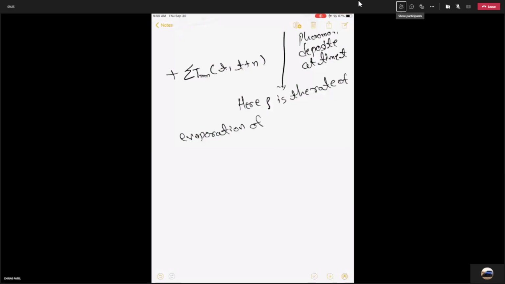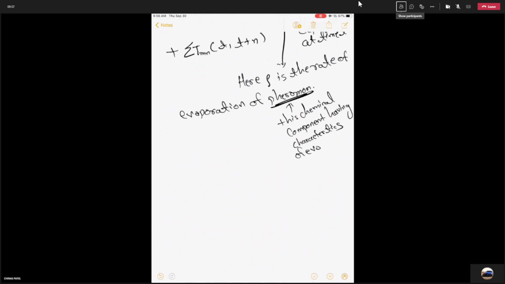Evaporation of the pheromone. In the last class we also discussed that though the ant is dropping pheromone trails whenever it travels along a path, this chemical component has the characteristic of evaporating with time.